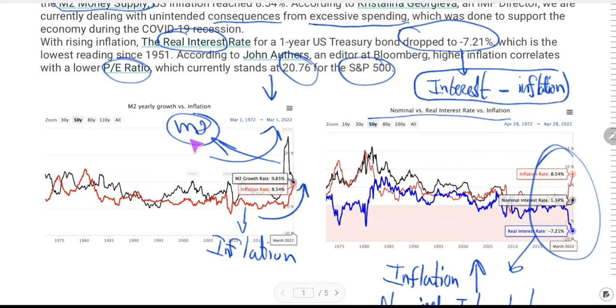So here we see the increase in the M2 money supply. You see here this major spike of 20 something percent, and here we see the inflation is beginning to follow the M2 money supply. We see that they have dropped the major increase that they had during the COVID for the M2 money supply.